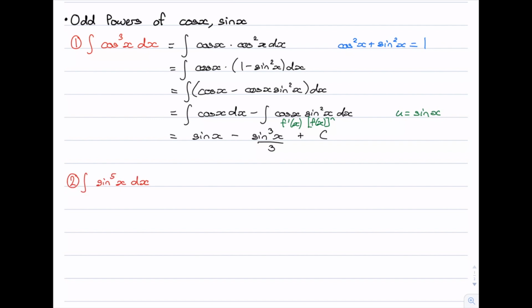The second example is the integral of sine to the power 5 x. Again, we want to do a similar thing here. We want to make this the integral of sine x times sine to the power 4 x. So the idea, once again, is to bring out one of the sines or the coses, depending on what function you have, and then have that being multiplied by an even power of sine or cos.